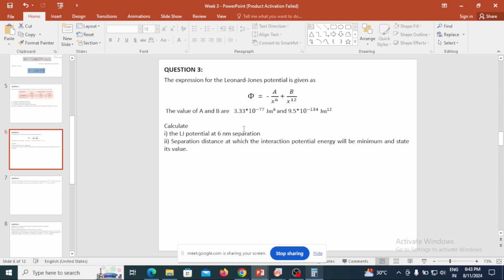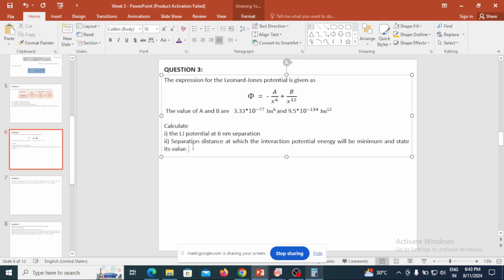So when they give a particular potential energy and ask you to find the minimum value, what do you do? I mean, how do you mathematically approach this problem? You are supposed to calculate the interaction potential energy, but the minimum of it. Any idea?